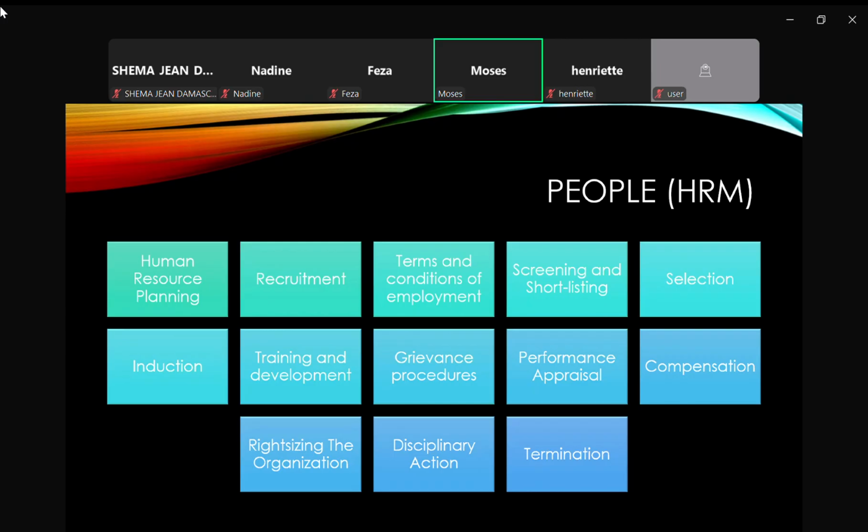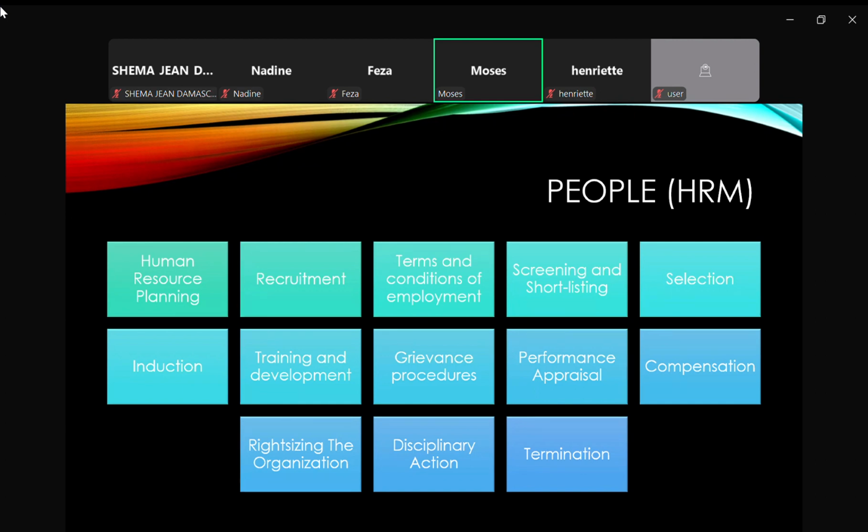Performance appraisal. Performance appraisal is essentially about managing the performance of a company and its employees, and making sure that people are doing what they're supposed to do, evaluating the performance and being able to point people in the right direction if it is deemed that some of them are not doing what they're supposed to be doing.